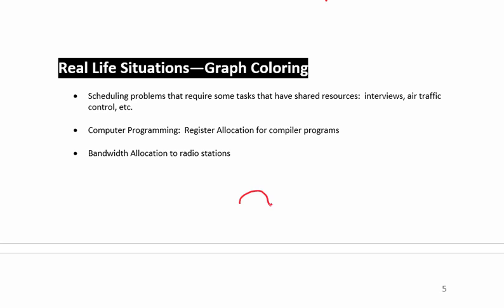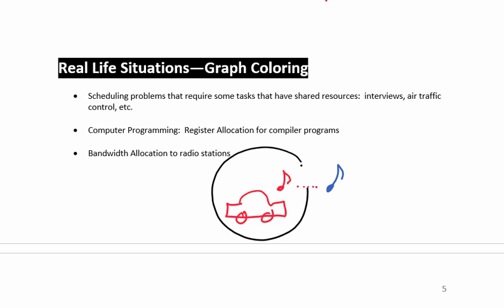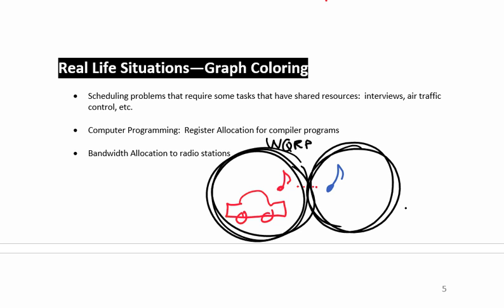You're driving along and you're listening to your radio station, and all of a sudden your music fades out and becomes something else. And the reason why is because that radio station is only at a certain bandwidth, and as soon as you drive down that bandwidth, it becomes another radio station.